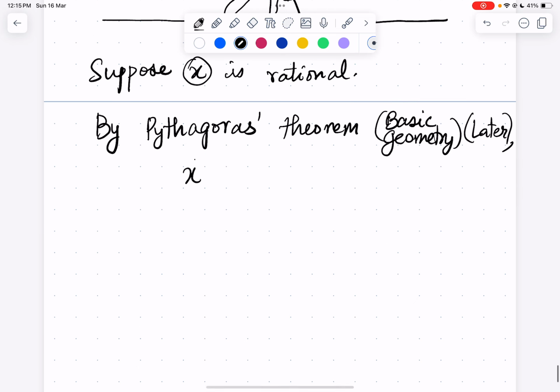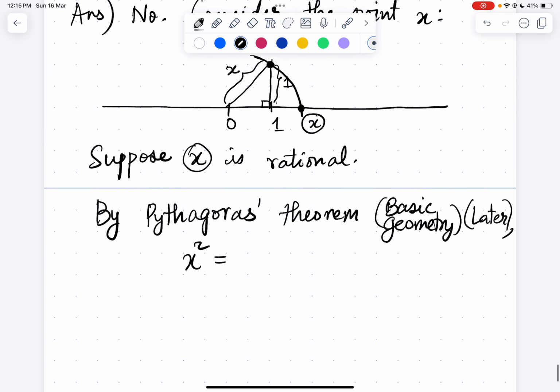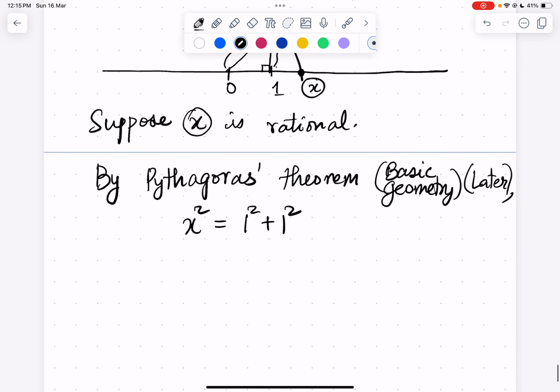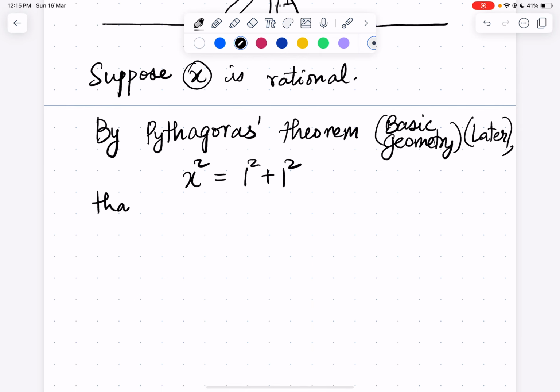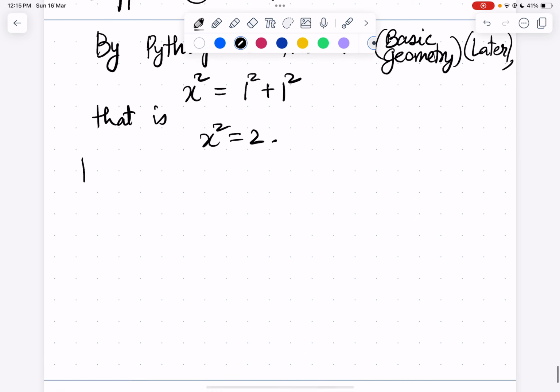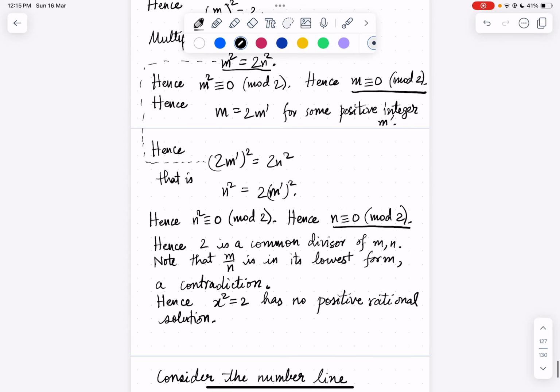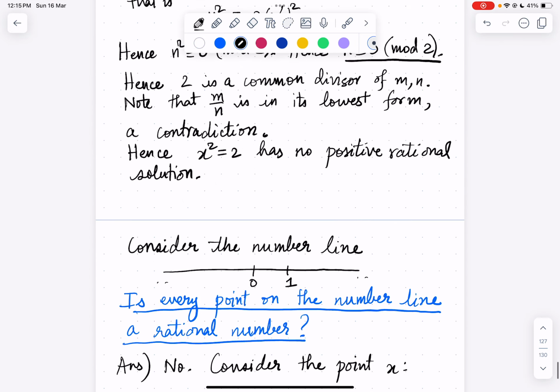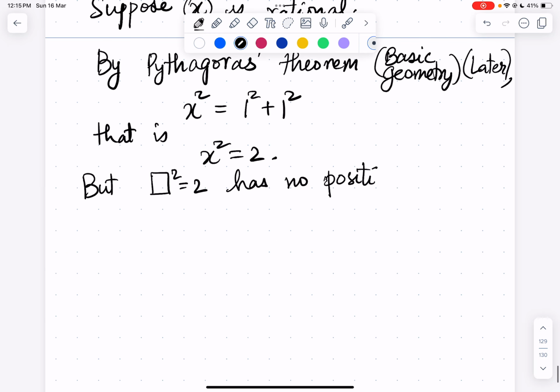Then by Pythagoras theorem, we have the square of this rational number x is 1 square plus 1 square. That is, x square equals 2. But x square equals 2 has no positive rational solution. We saw in the above observation that there is no rational number whose square is equal to 2.